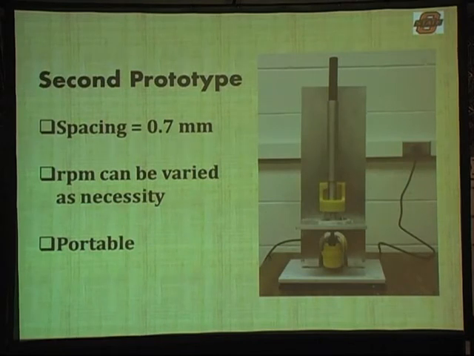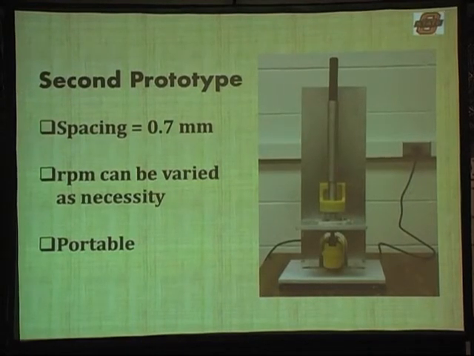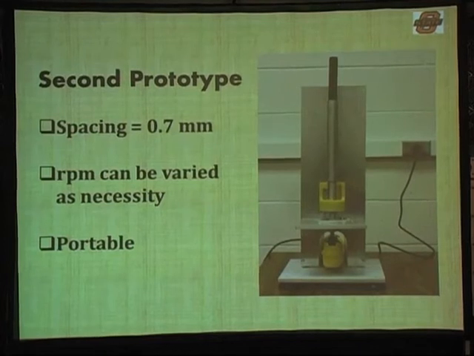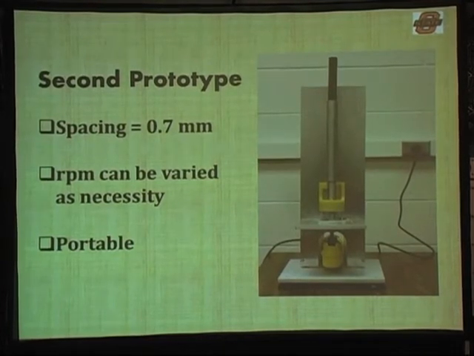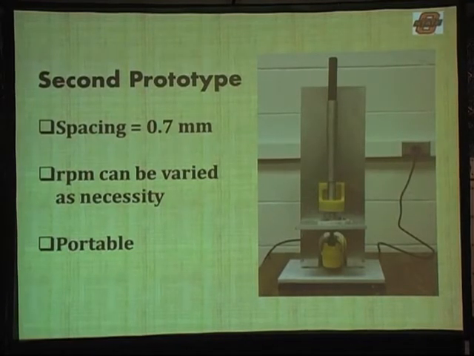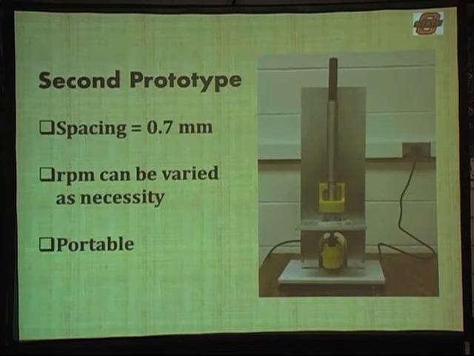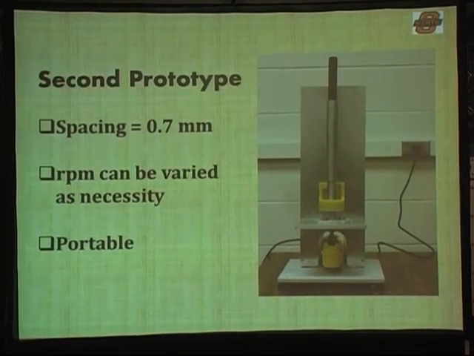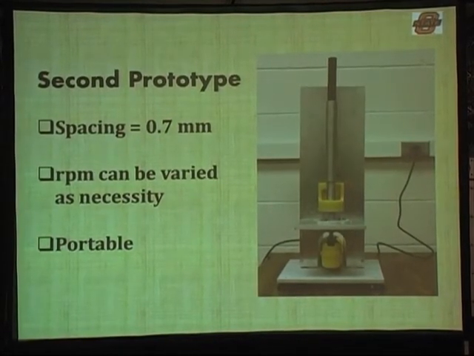So we took what we knew and we set up a different design. We wanted to make something really simple, and so we just went to the local hardware store and we bought a power drill, and we set up a one-dimensional system. So this is straight. There's still the 0.7 millimeter spacing.